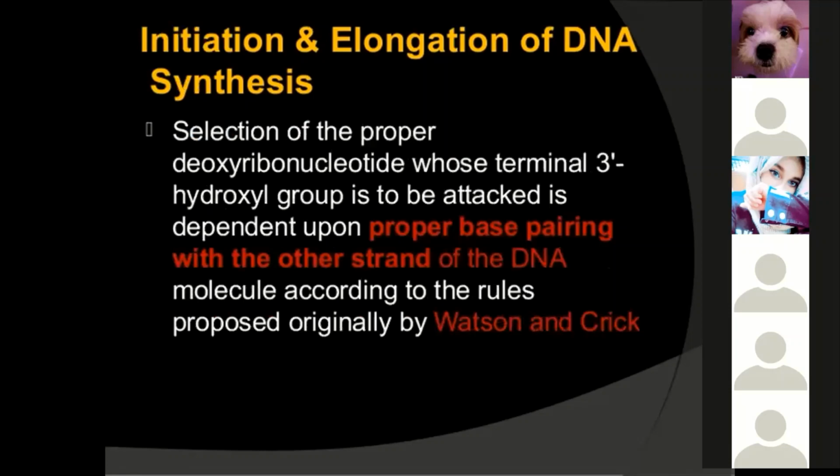So the selection of the proper deoxynucleotide whose terminal 3-hydroxyl group is to be attacked is dependent on proper base pairing with the other strand of DNA. And this always follows the Watson and Crick model. Like if A is there, the base which pairs is T, like that, ATGC.